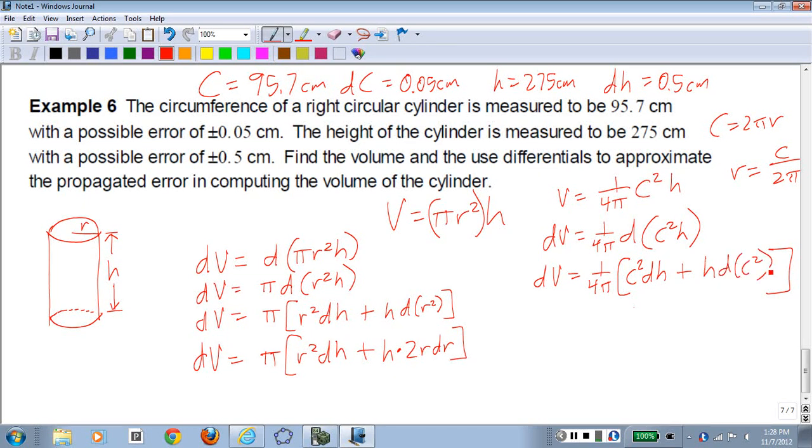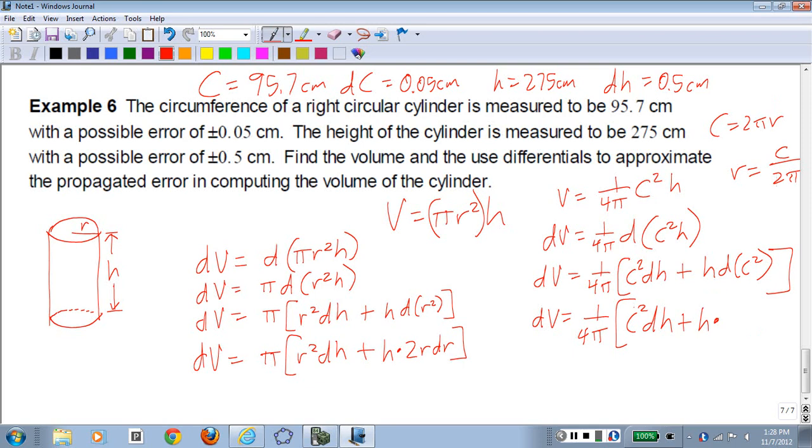We have to be really careful with the differential of c squared. dV equals 1 over 4 pi. So that's c squared dh plus h times 2c dc, isn't it? It is 2c dc, thank you.